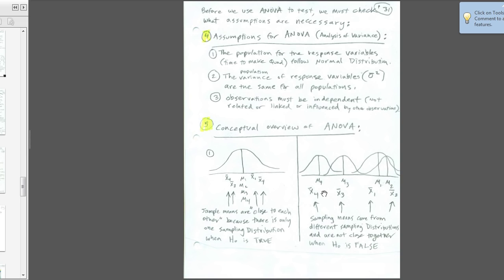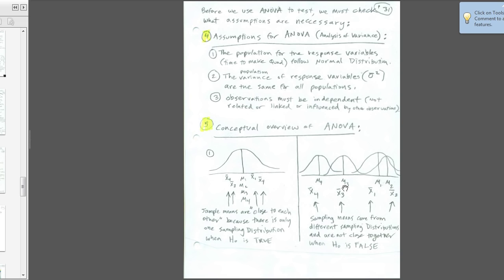The second estimate for variation will come from each one of the individual distributions, which will be in the denominator. So when we get this situation, when we do the division, we'll get some big number. So the idea is 2 estimates of variation from a distribution like this, divide one by the other, we get about 1. From over here, we're going to get something much bigger than 1. And that will indicate that the means are not all the same.